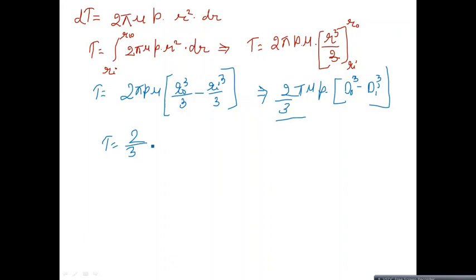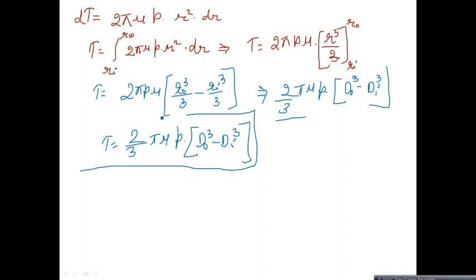Now this equation can be rewritten if you substitute the value of R0 as D0. What will we get? 2 by 3 pi mu p into D0 cube minus di cube.